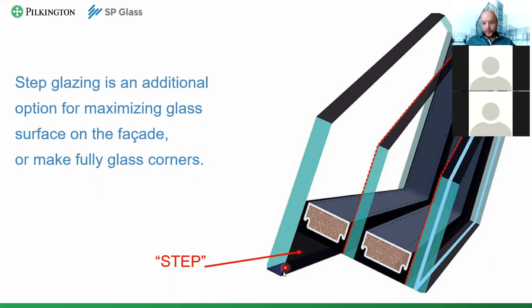What I wanted to talk to you about now is that in the step glazing case, you have to use silicone again, because it's obviously a structural one. And the step itself can also be covered with silicone. You just take the instrument and apply a thin, like 1 to 1.5 millimeter silicone layer on it. Basically it looks very good from the outside.